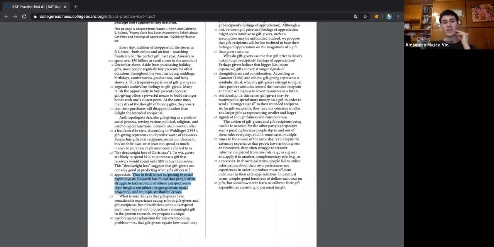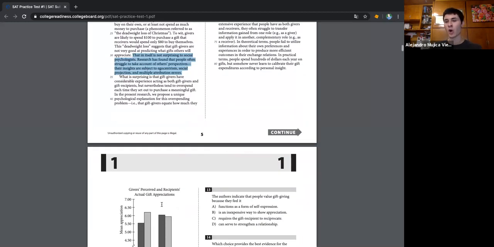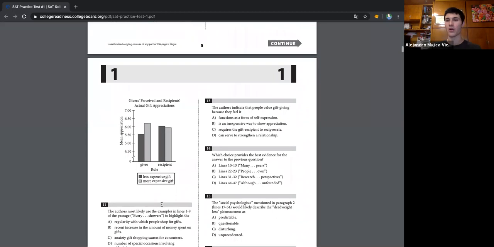So they are saying that this egocentrism, social projection, results in an inability to account for people's perspectives. So this debt weight loss phenomenon that's saying people are not good at predicting gifts that others will appreciate would be predictable for social psychologists because they already know that. They already know that people have an inability to know what others are thinking and how others are thinking.